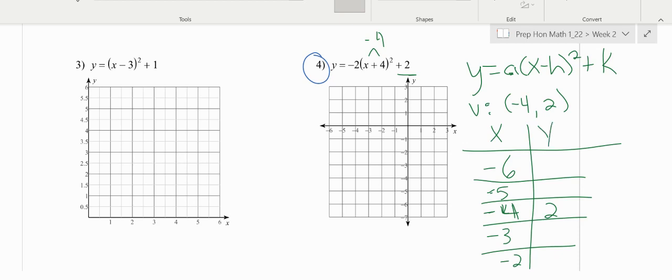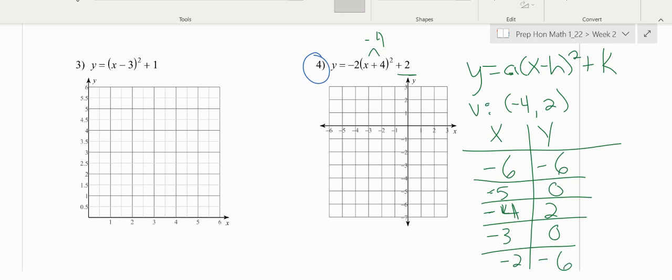So I could type in -2. When you do that, make sure you're not hitting the subtraction sign, you're hitting the negative sign, and then x plus 4 quantity squared plus 2. And then when I do second and graph, we know we did it right if you see the vertex in your table of values, and you're going to get -6, 0, 2, and then it repeats.